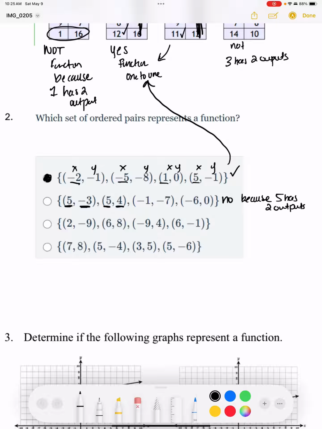For the third one, the error here is the 6. The 6 has 2 different pairs, so no, because 6 has 2 outputs. And for the last one, it's no again because the 5 has 2 outputs. So no, 6 has 2 outputs. No, because 5 has 2 outputs.